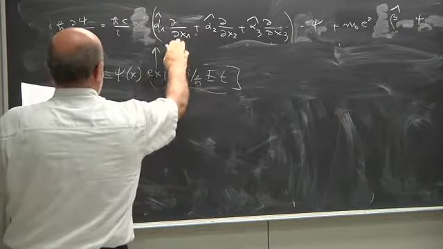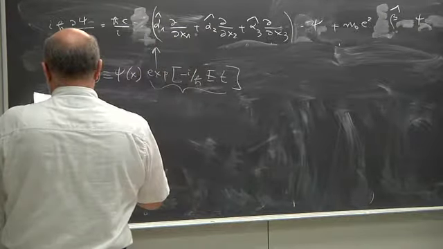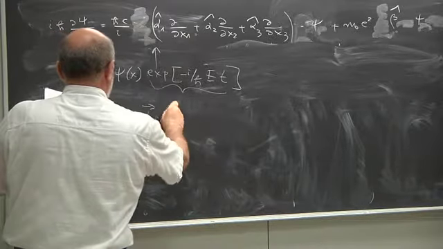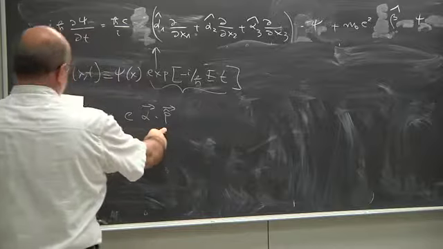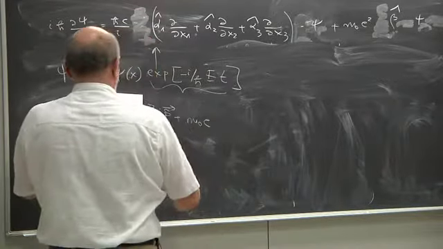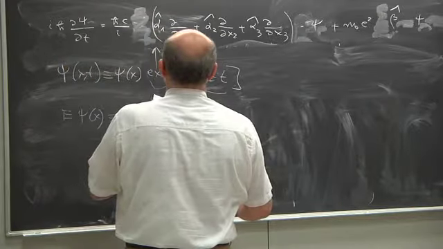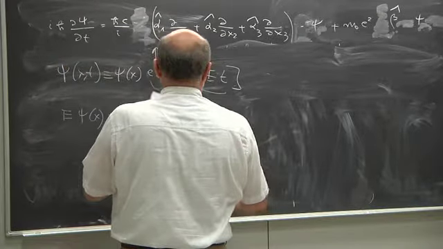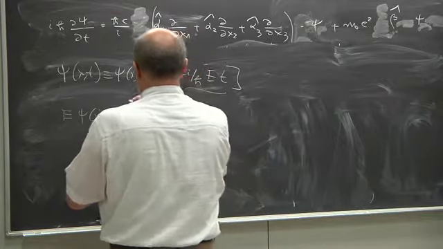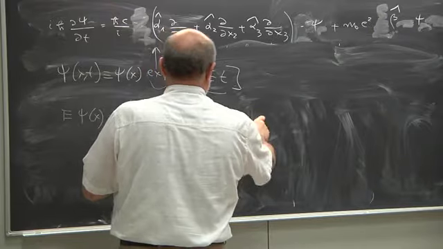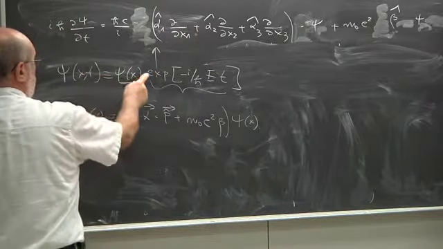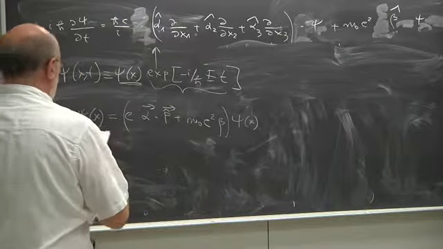Let me write it here the normal way. So cα·p, where p is the derivative operator, plus m₀c²β, acting on ψ(x). This ψ(x) is not the full wave function, it has lost the exponential, because the exponential drops.